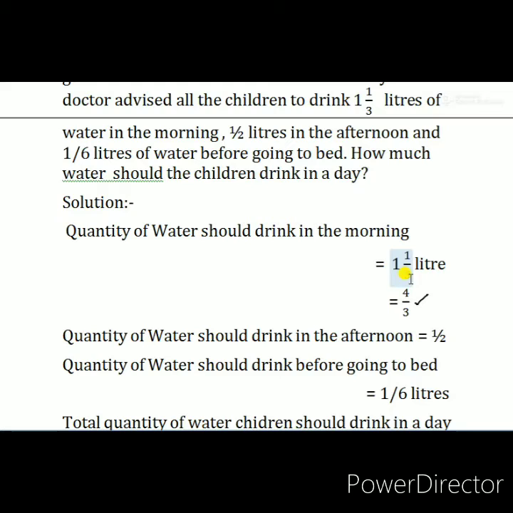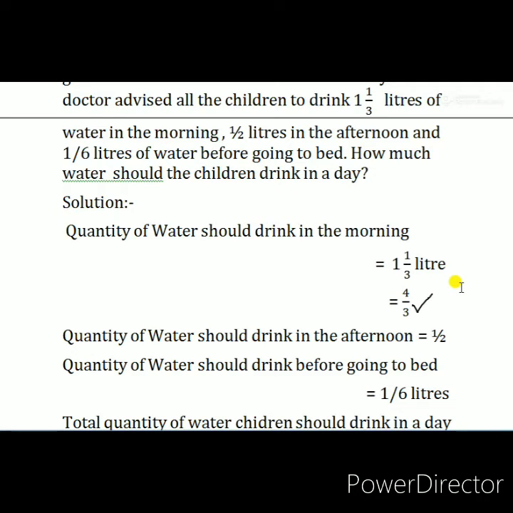First, multiply the integer and the denominator and add the numerator. That means here 1 multiplied by 3 plus 1, that is 4 upon 3. This is the improper fraction of this mixed fraction. First we have converted that mixed fraction into an improper fraction, that is the quantity of water drunk in the morning.